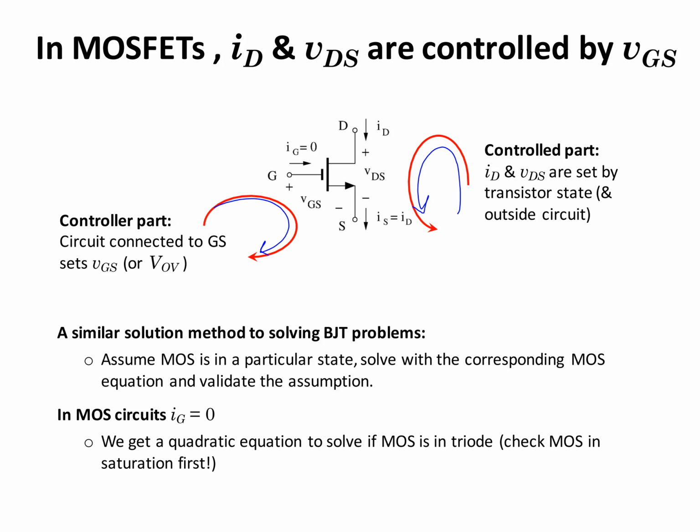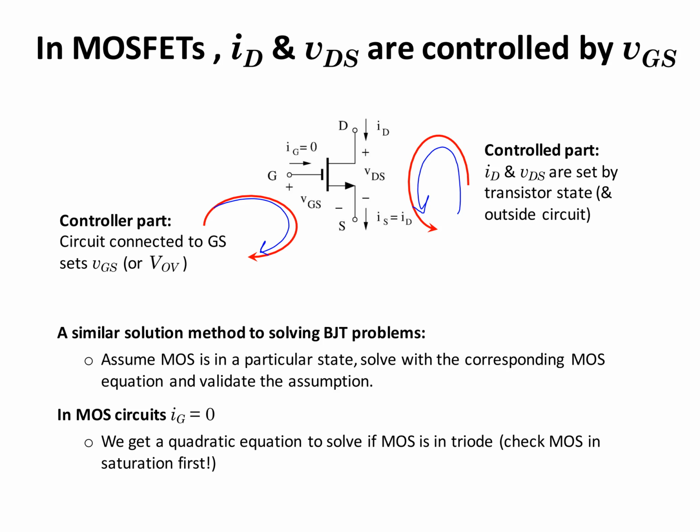For the purpose of solving MOSFET circuits, we're going to have a similar approach to the one we had for BJT problems. We're going to assume a particular state for the MOSFET transistors using the characteristic IV equations, and after solving the circuit, we're going to validate our assumptions.